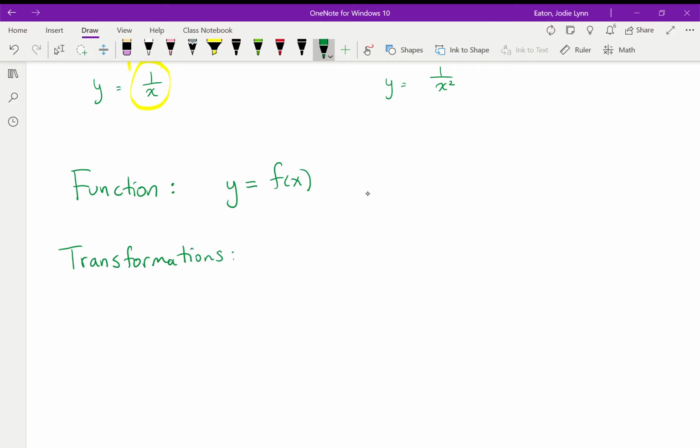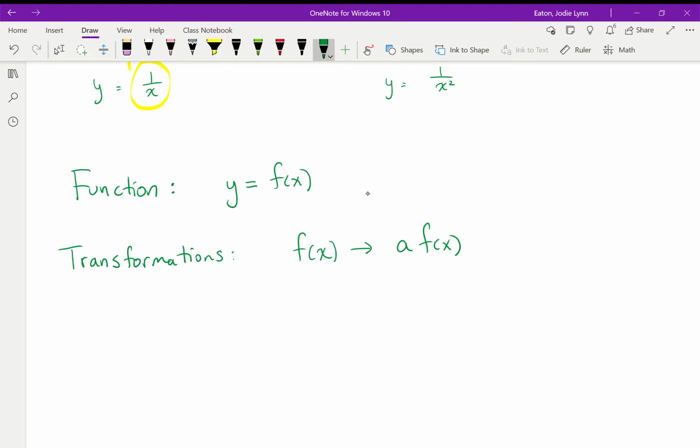So if we take f of x and we map it to a f of x, we're multiplying the whole function by some number. We're multiplying the function acting on x by some number.